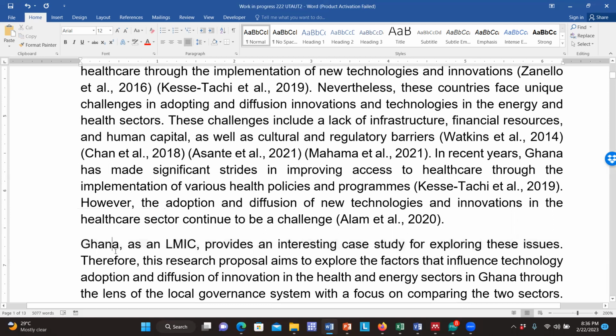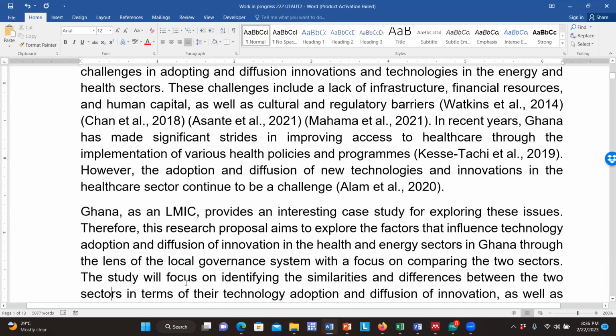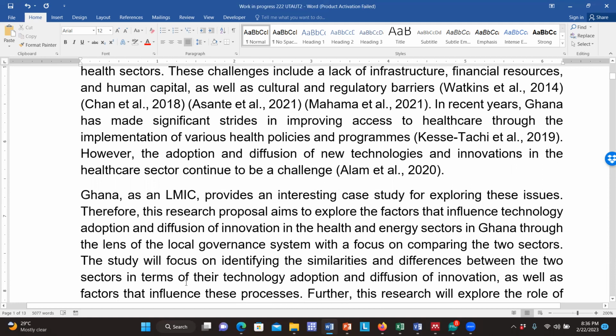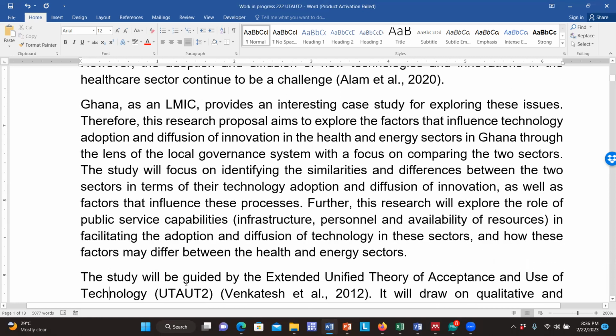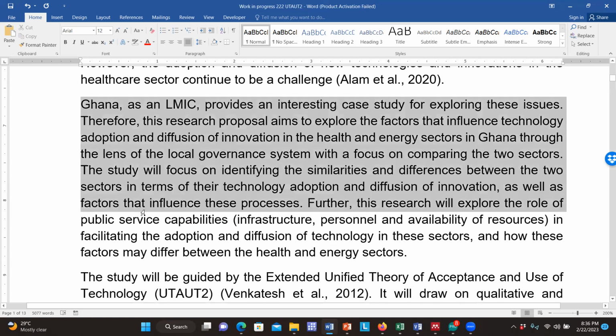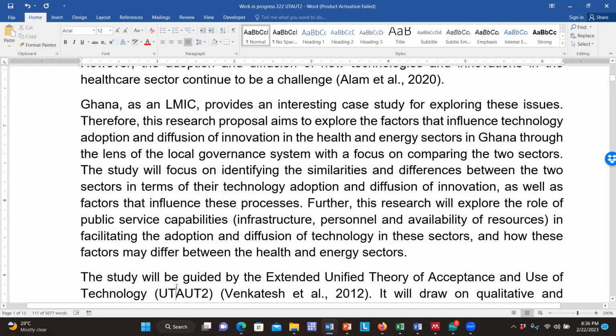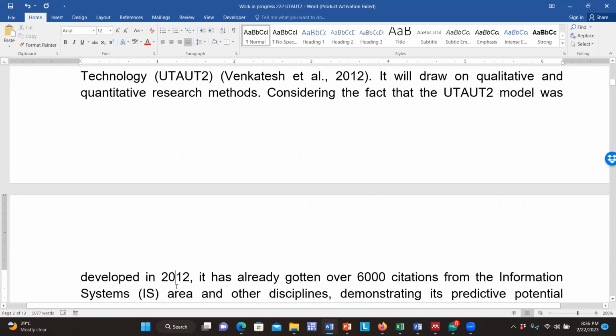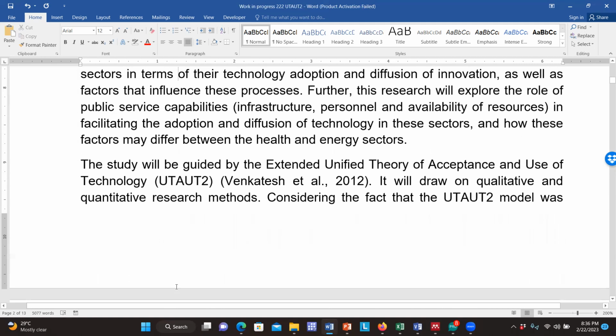So here you talk about Ghana and then you give some sort of statistics about the country, the health, and then energy. The general write-up, the English, everything is okay, but it is the structure. And because if you use the MEAL, it makes reading very exciting. Okay, people would want to read. So he brings Ghana here. And the next thing here is that he brings the theory. So now what you did not do here is to also bring the recent studies that have been done.